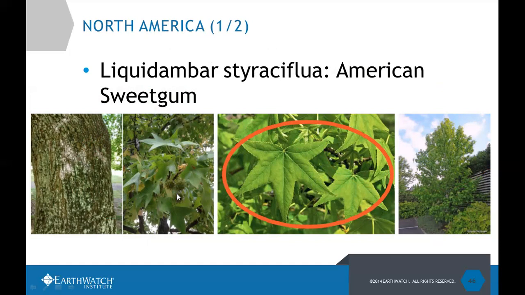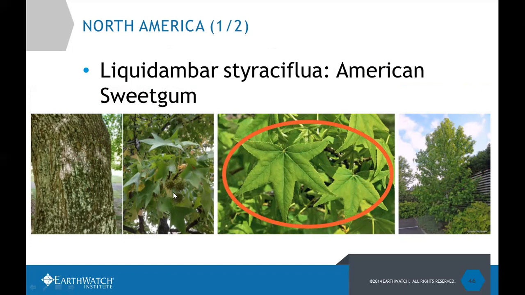However, the way that you can tell the sweetgum apart from those other species is by paying close attention to the leaf shape, but also the size and the way that it clusters around. Unlike a sycamore, these leaves tend to be very star-like and very close and compact. So it doesn't really spread out in terms of being a huge leaf. And you can see how it tends to cluster around the branch as well.